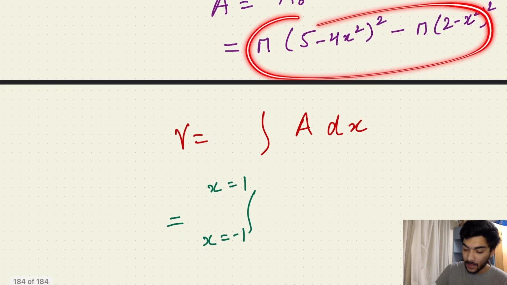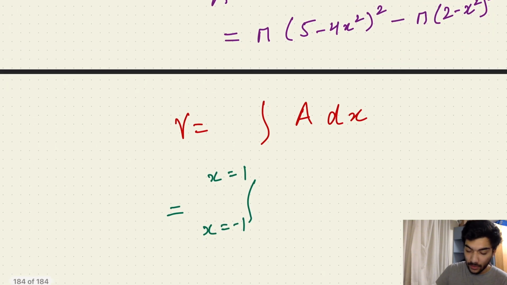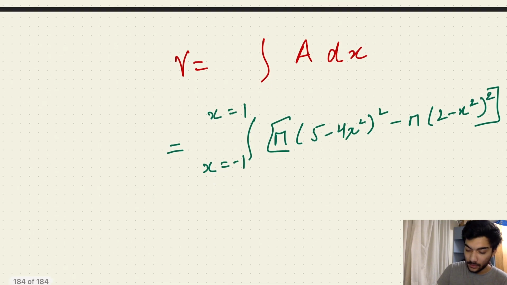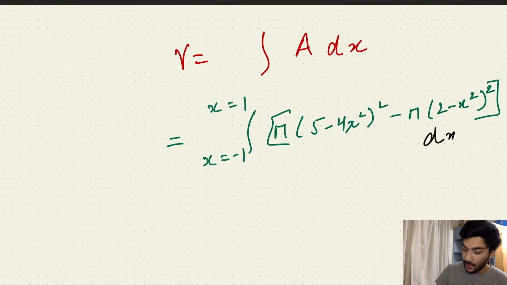Your A is this expression over here, so pi times ((5 minus 4x square) whole square minus (2 minus x square) whole square), multiplied with a dx in this case, right?